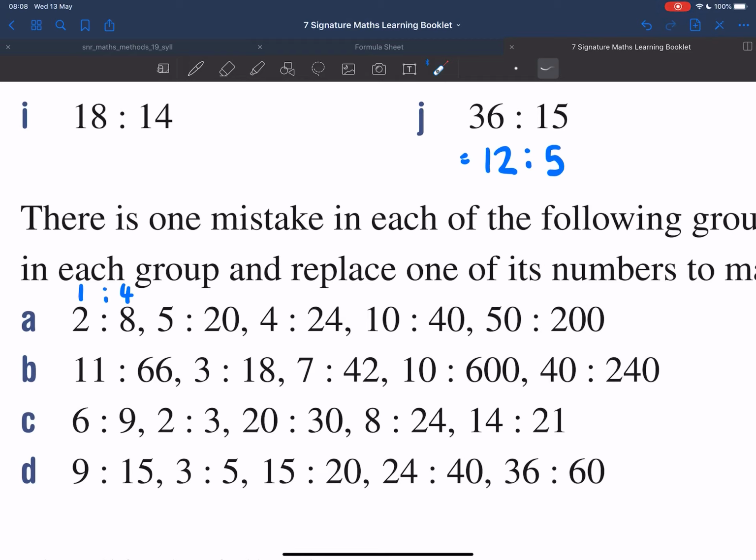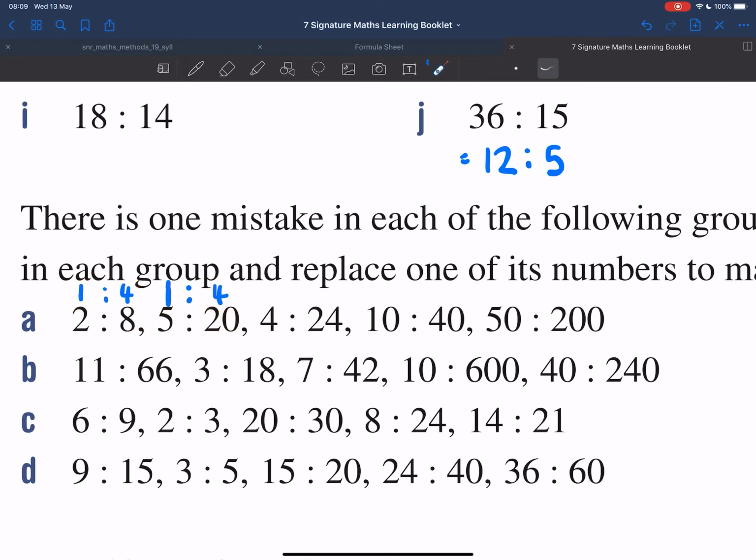Can we divide by 3? No, it won't go into 5 or 20. 4? No, won't go into 5. But 5 we can. If we divide 5 by 5, 5 divided by 5 is 1. And then if we divide 20 by 5, well, we get 4. So 2 to 8 is equivalent to 5 to 20 because when you simplify, you get the same ratio.